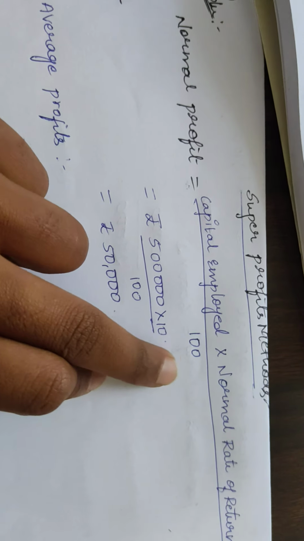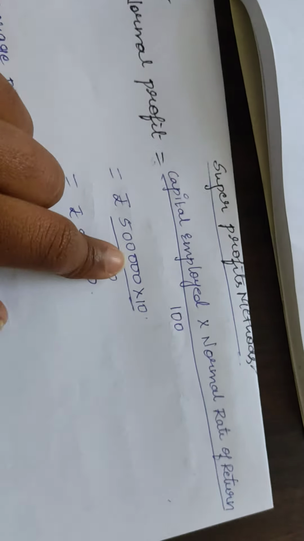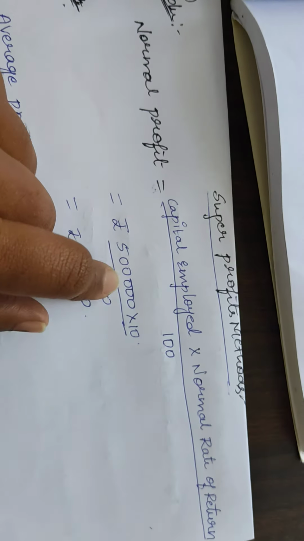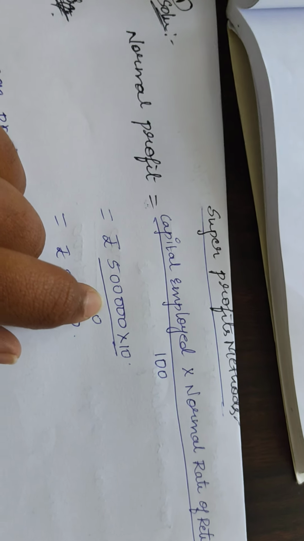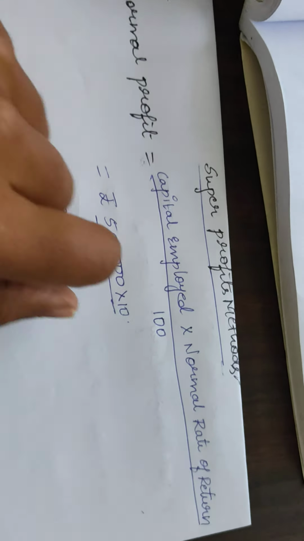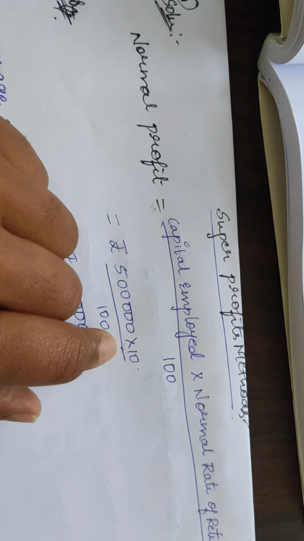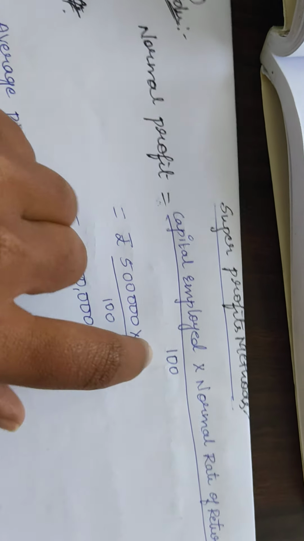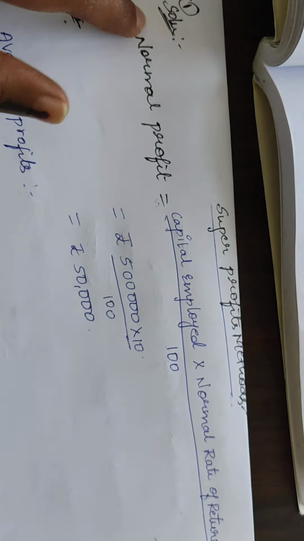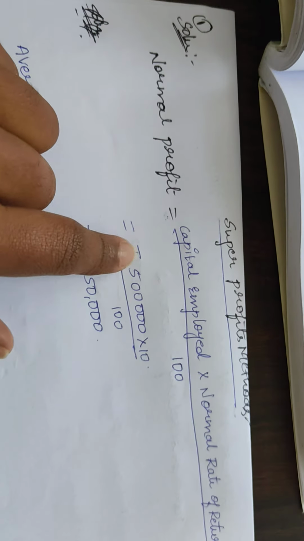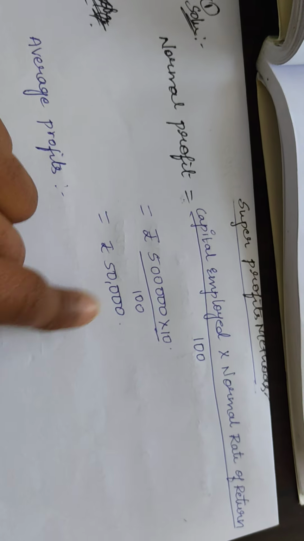Capital employed they have given 5 lakh in the problem. The normal rate of return they have given as 10%. So 5 lakh into 10 divided by 100 is 50,000. So 50,000 is our normal profit.